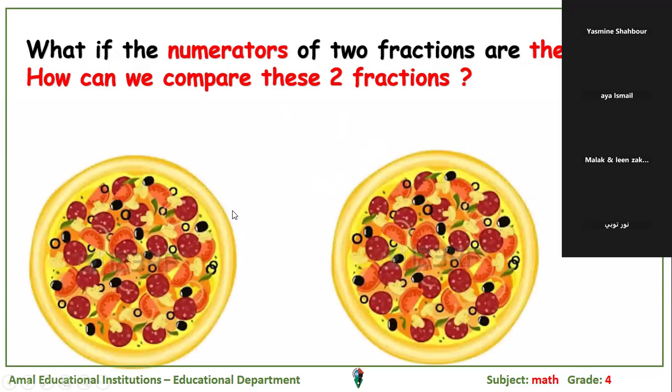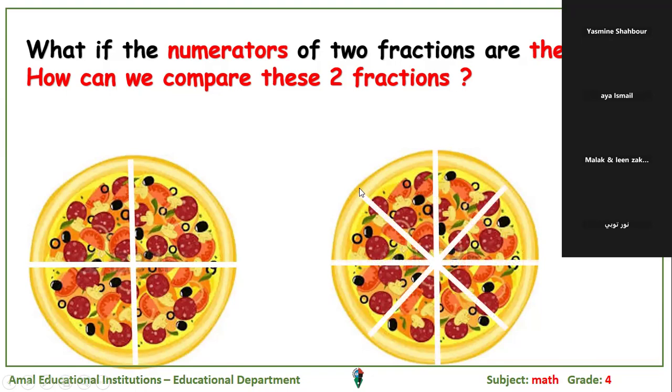Here we have two pizzas. In the first, we divide the pizza into 4 equal parts. In the second pizza, I want to divide it into 8 equal parts. Look at the parts in the first example and the parts in the second example.